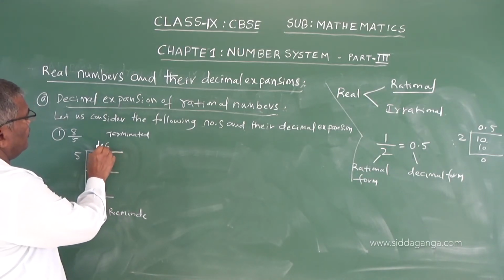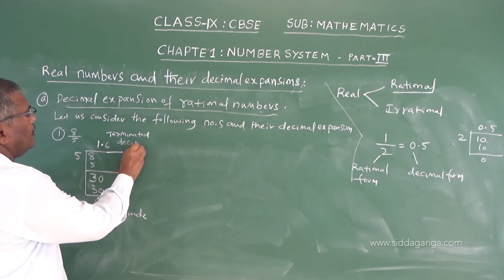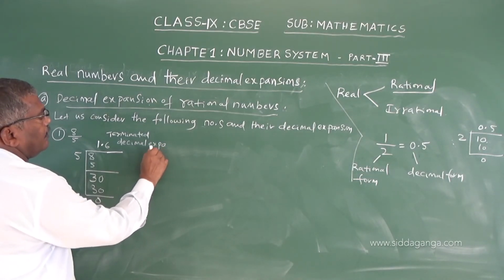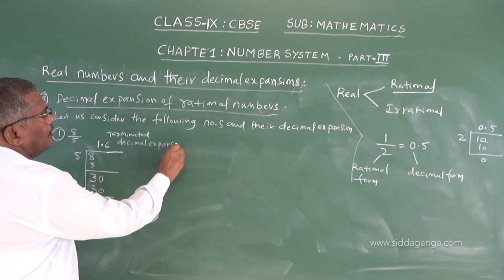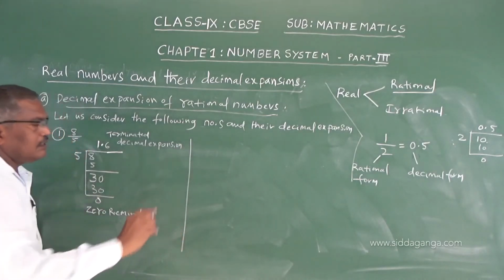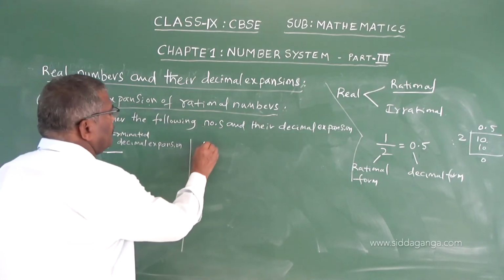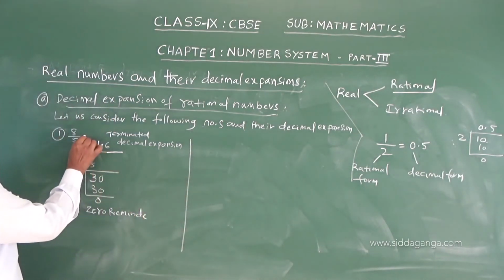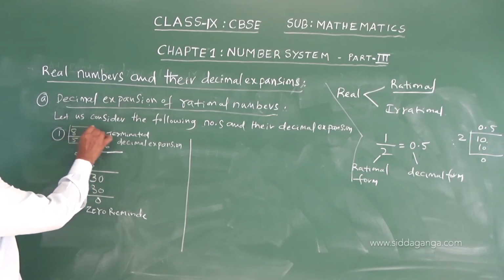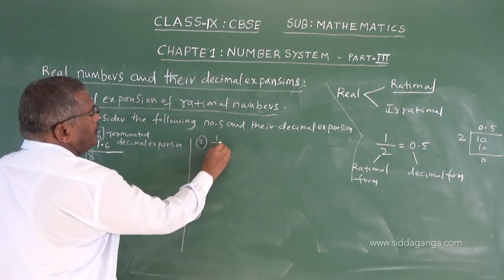Decimal expansion is terminated, 1.6 is a terminating decimal expansion. We cannot expand it further. So, let us take another example. Therefore, 8 divided by 5, we got 1.6.